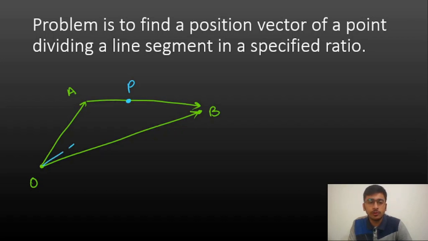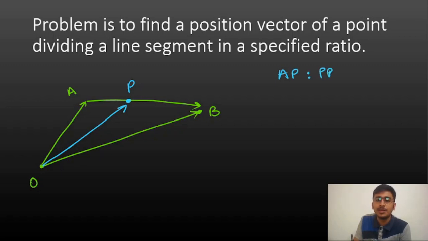So what the section formula aims at is to find this position vector OP. So we have to find this position vector OP such that AP is to PB is a specified ratio.